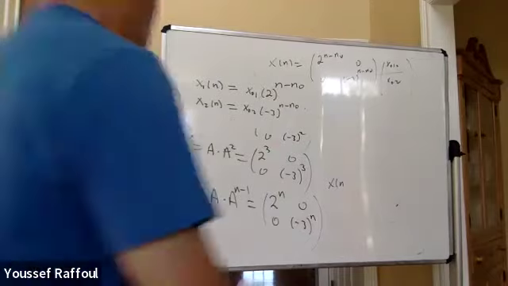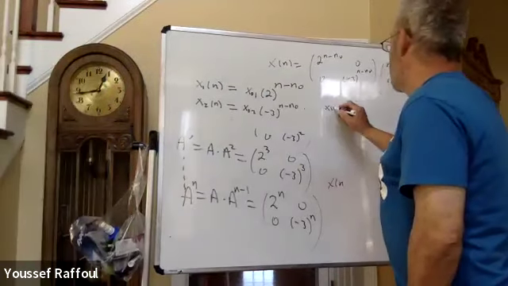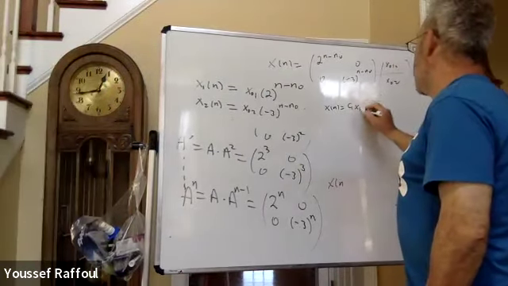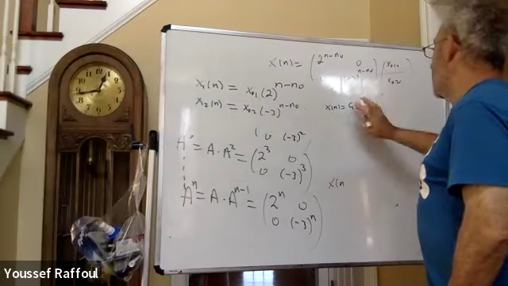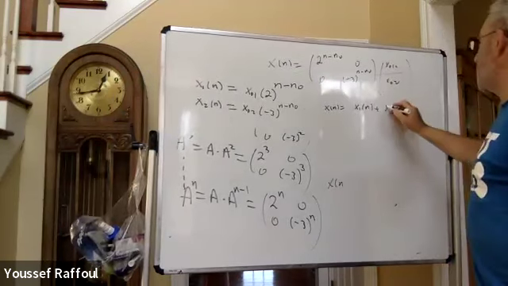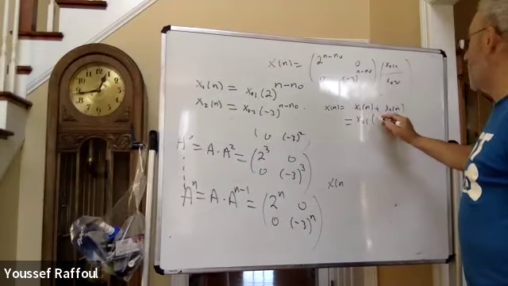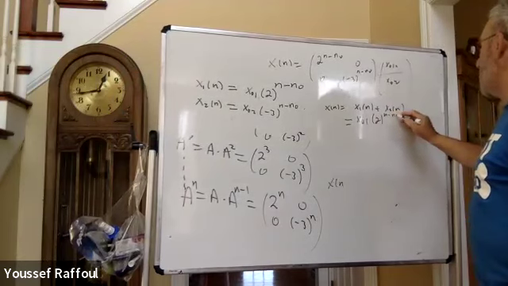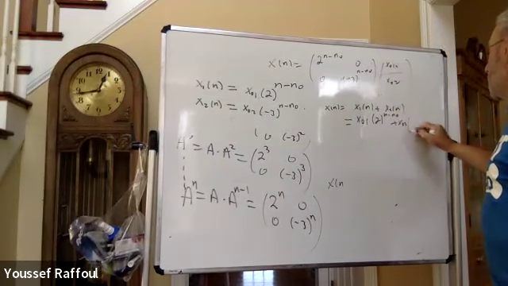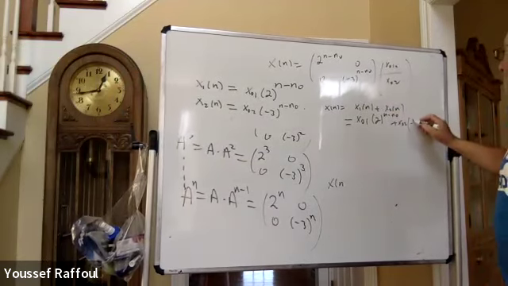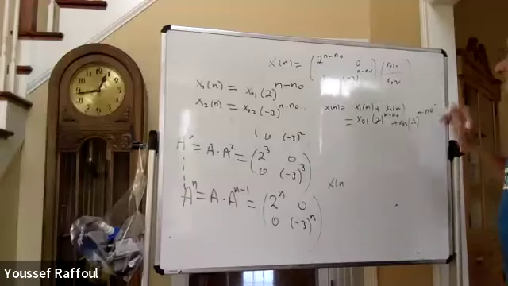Correct? And then the solution x_n is x1 of n plus x2 of n, and that is x01 2^(n minus n naught) plus x02 (minus 3)^(n minus n naught).